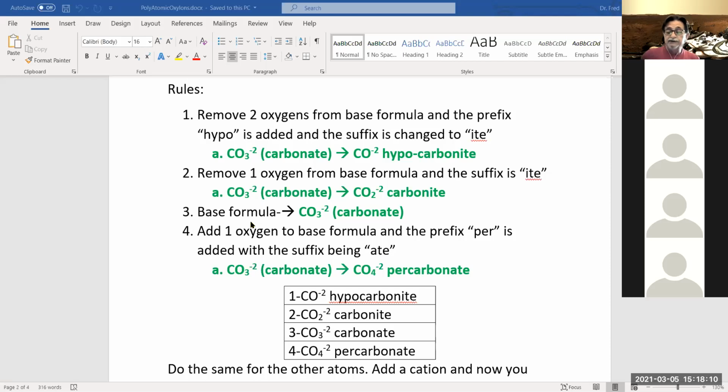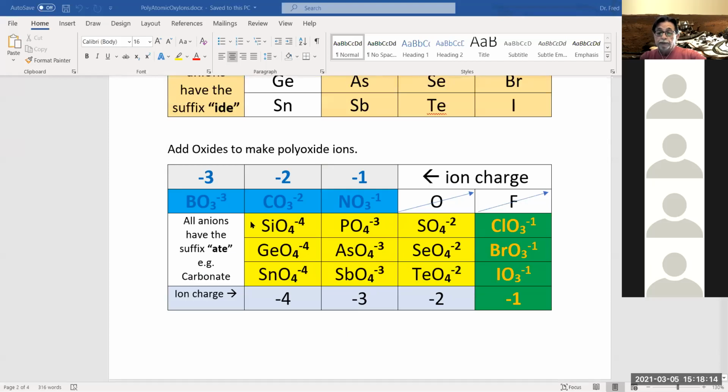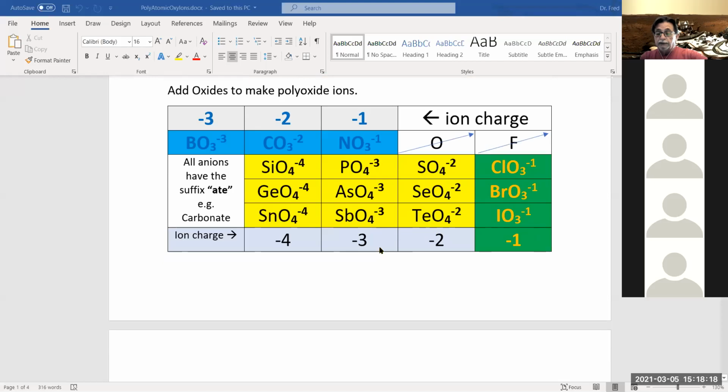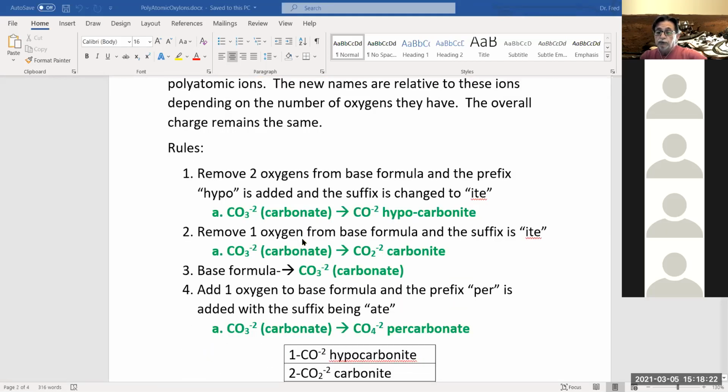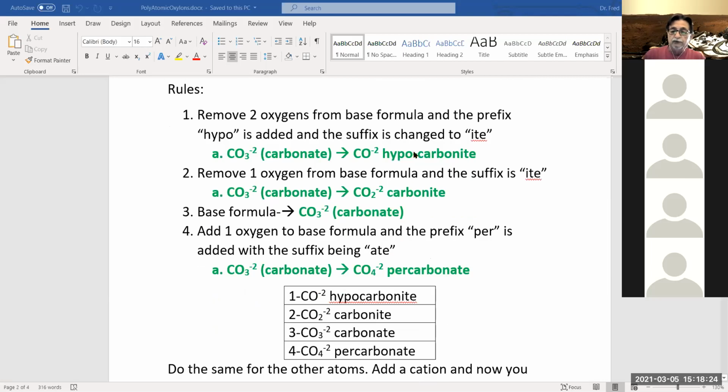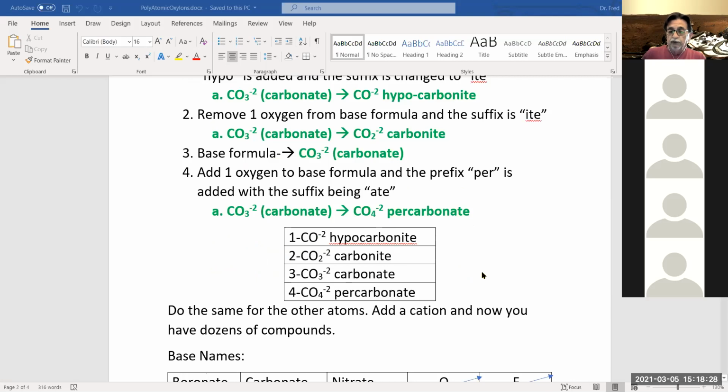So the base name, which will be the name for all the ones we just have here, that is the base name there. And they can either remove the oxygens, 2, or add 1. And so we end up putting the prefixes. So the formula for 1, 2, 3, and 4 oxygens, the base is carbonate.